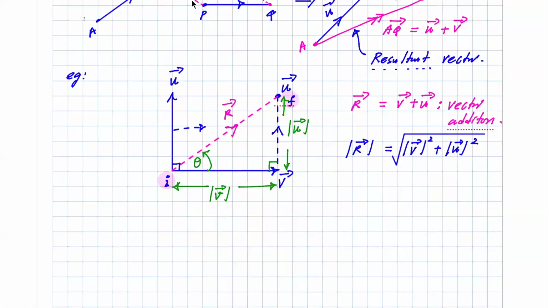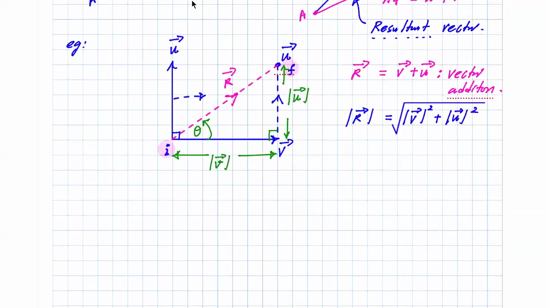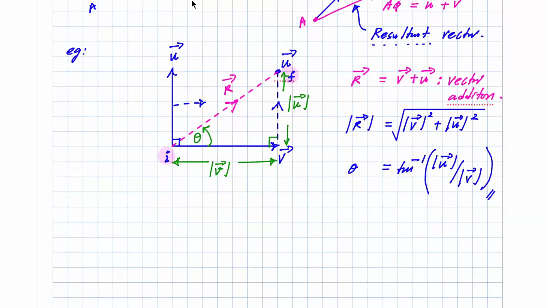Now, you can find the direction, you can find the angle here if you want. That theta is equal to tan inverse of U magnitude divided by V magnitude. Now logically you can say this resultant vector has this much magnitude, and the direction of this one is theta angle from horizontal.